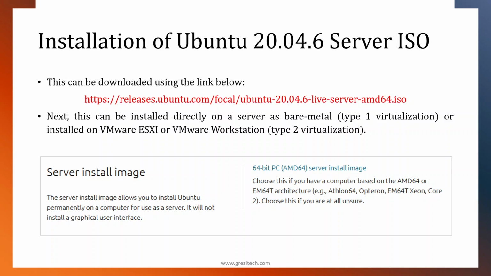It's possible to install your ESXi directly, and then inside that ESXi, you're installing Ubuntu. That's type 2. So you install the VMware ESXi .iso file directly on your physical server or laptop, and then you install your Ubuntu in it. If you do that, that's type 2.